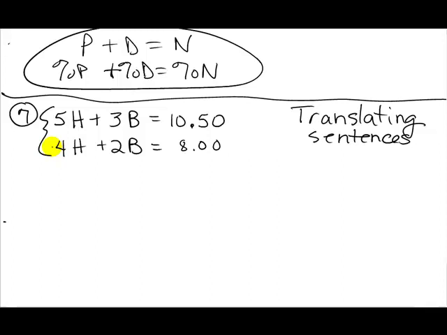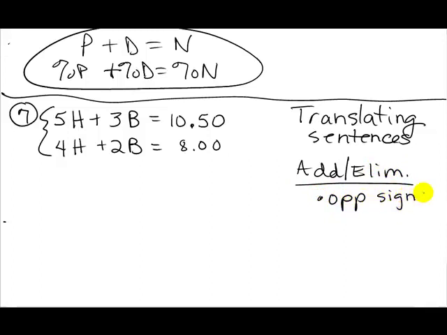With that addition elimination, we need opposite signs so that something will cancel, and they've got to have opposite signs and the same coefficient for this to happen.